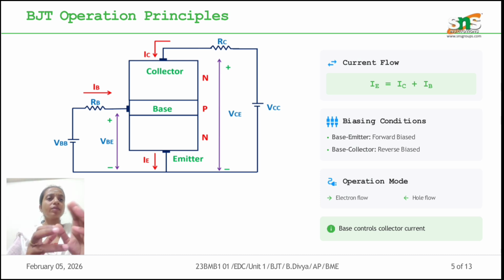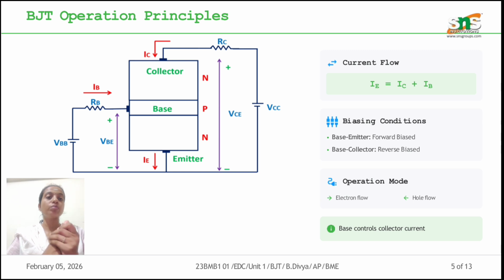How does the current flow here? IE is equal to IC plus IB, since the emitter is common to the base and the collector. So the emitter current IE is equal to the collector current IC plus the base current IB.